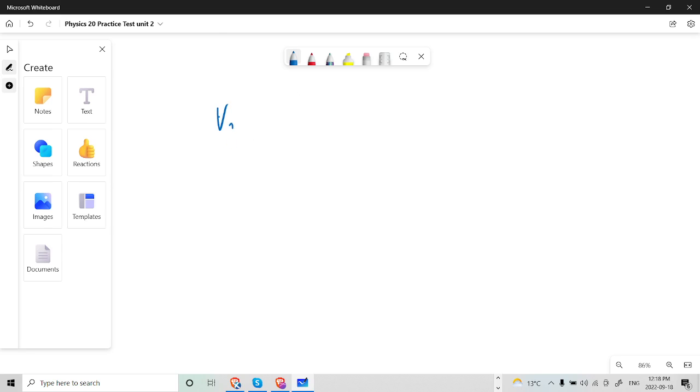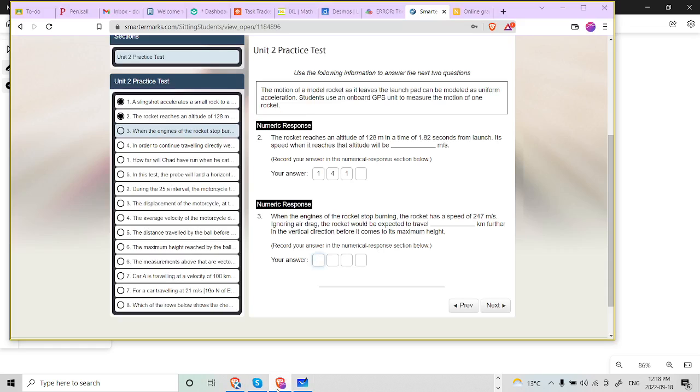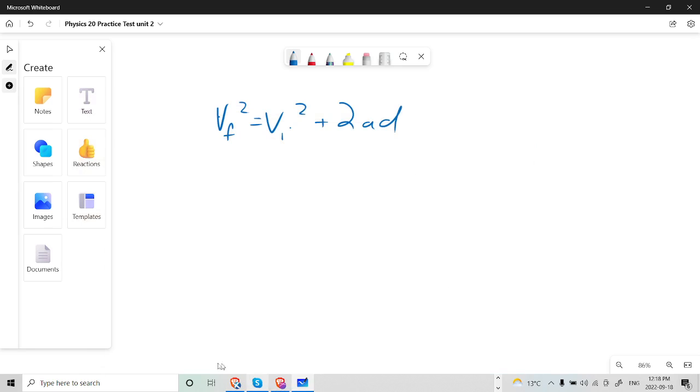Without time, we have VF squared equals VI squared plus 2AD. Now our initial velocity is 247 meters per second, but we are trying to solve for distance. So we're going to have VF squared minus VI squared over 2A.